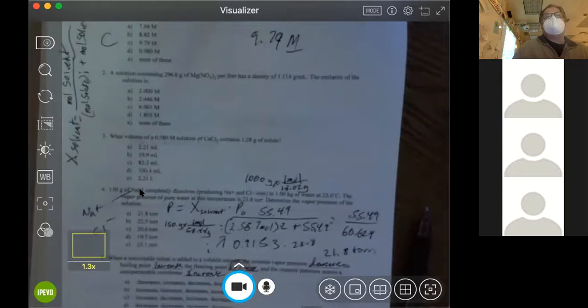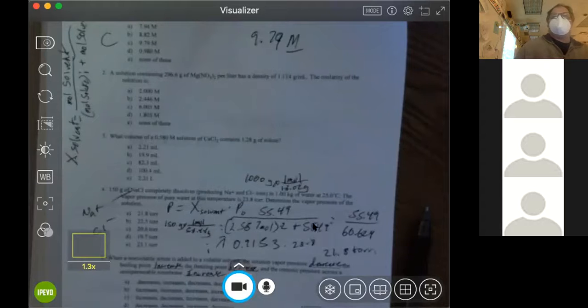So that is the molar amount of NaCl. We multiply that by the Van't Hoff factor of 2, because for every 1 NaCl, there is 1 Na plus and 1 Cl minus. So if we have 2.567 moles of NaCl, we have 2 times that, 2.567, moles of particles. That is what people forget.